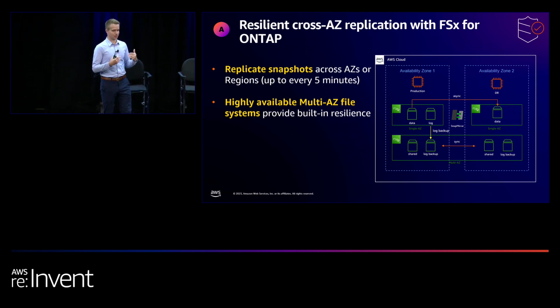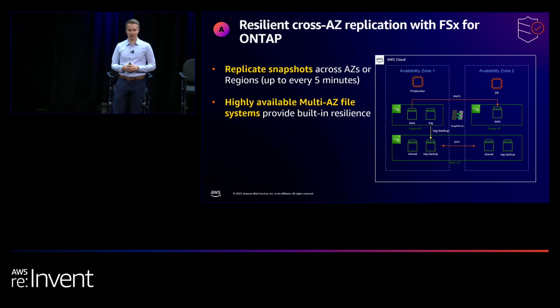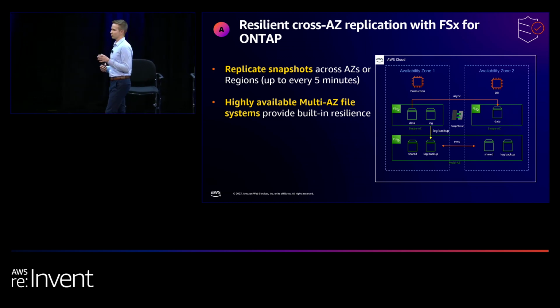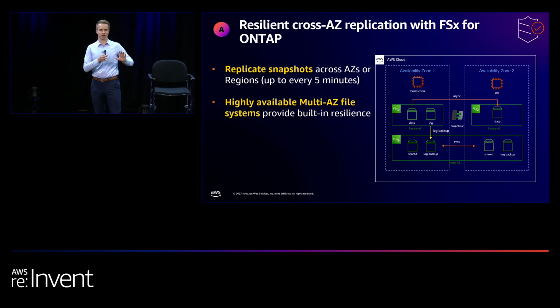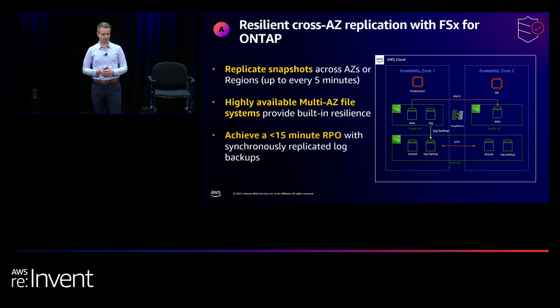These HANA log backups are written periodically, and customers can define the frequency. I think the default is 15 minutes, but you can make it much shorter. By having these log backups written to a multi-AZ file system, those log backups are synchronously replicated between the two availability zones whenever they're written.